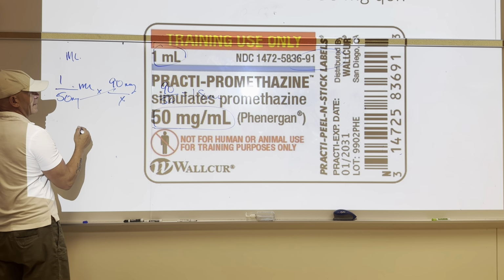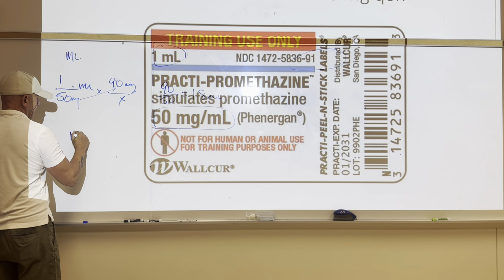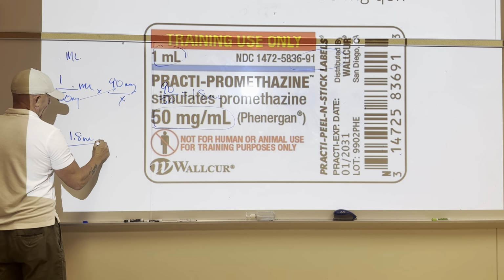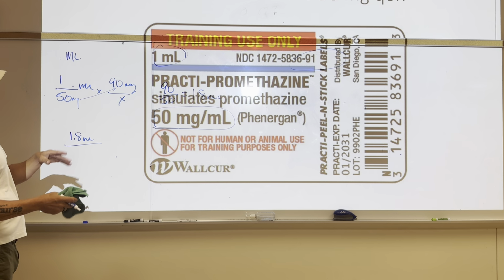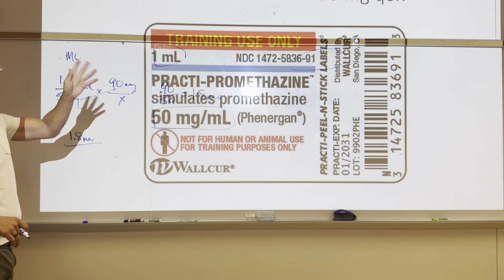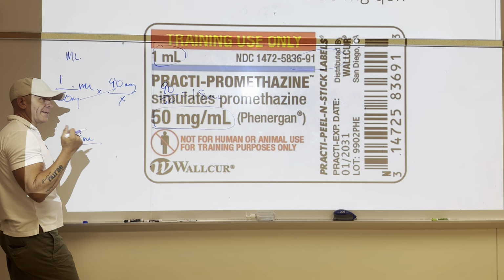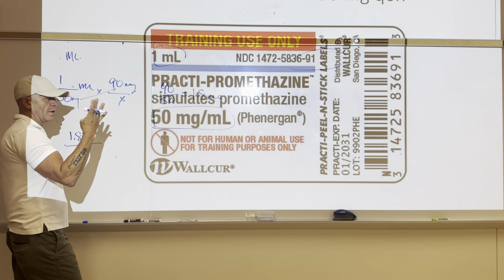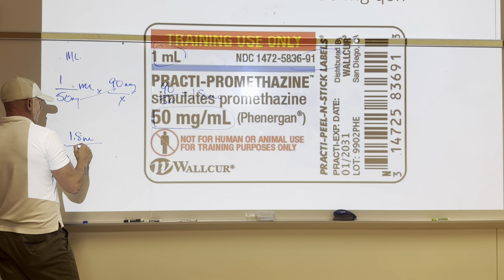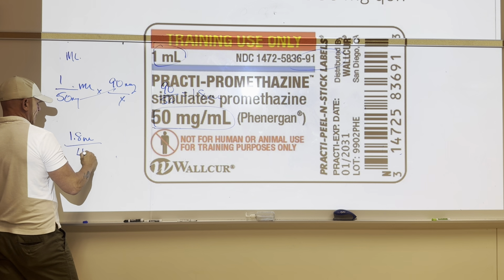First we're gonna look for how many mLs you're gonna get a day. So 1.8 mLs, and you just gotta know how many hours go into a day, guys. Every 6 hours, how many times is 24? 6 goes into 24, 4 times. So, 1.8 mLs, 4 times a day, right? Or four doses, right?